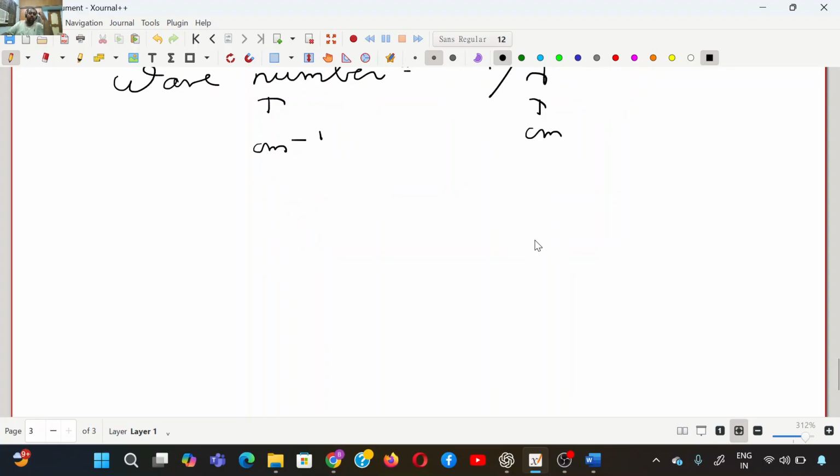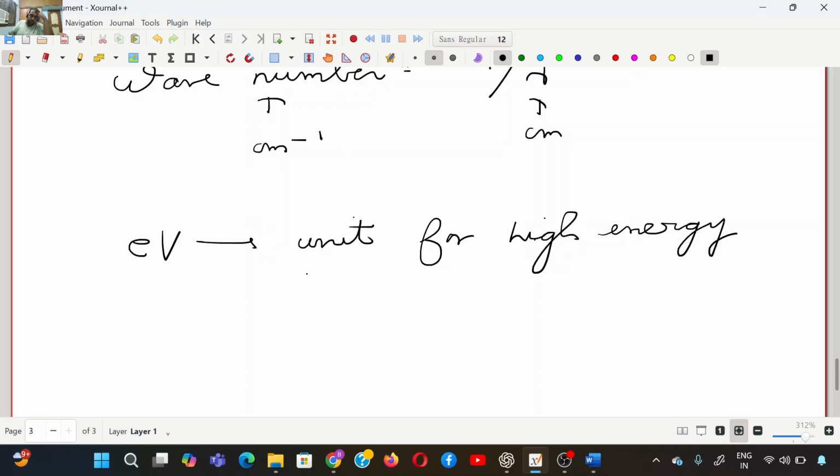And there's something called electron volt, which is a unit for high energy radiation, especially for gamma rays. We talk in terms of electron volt.